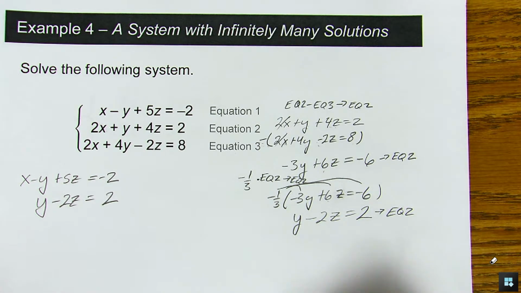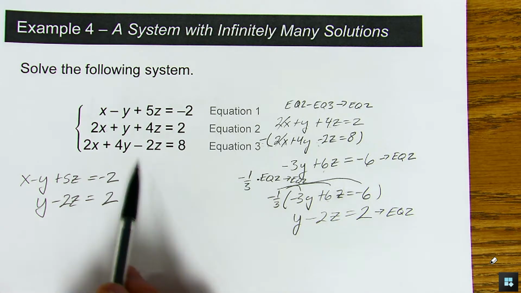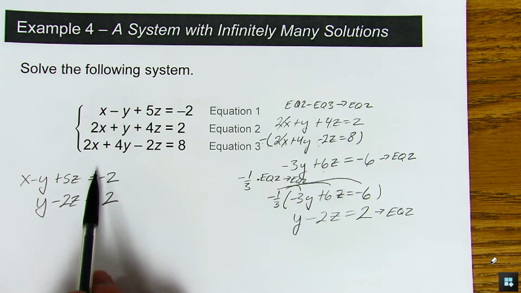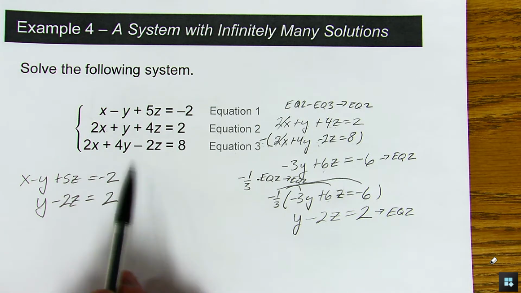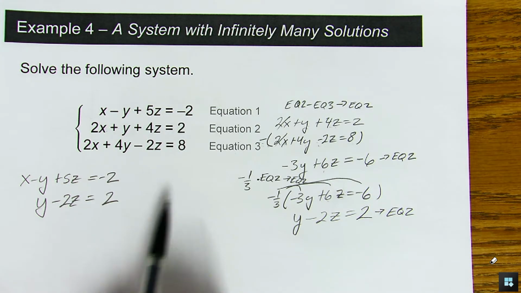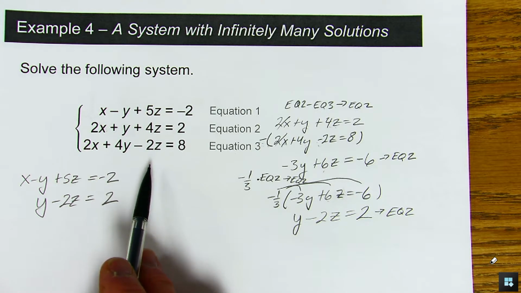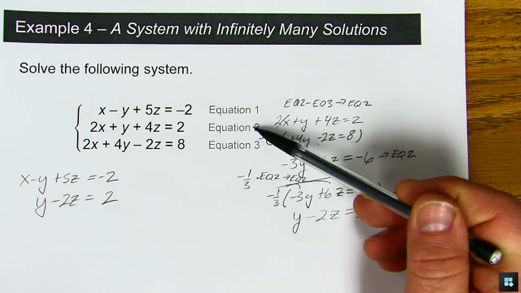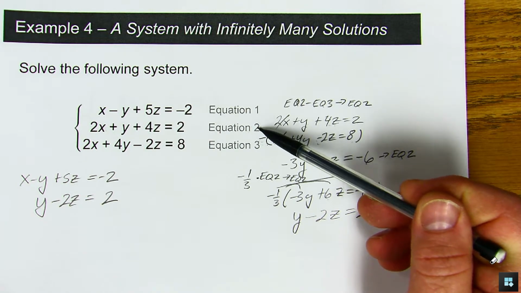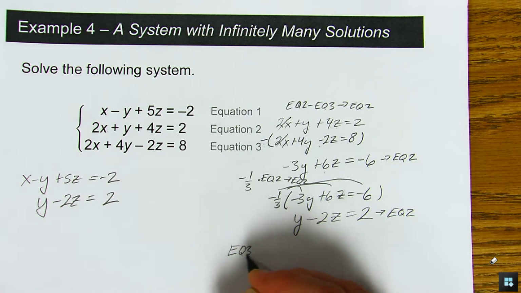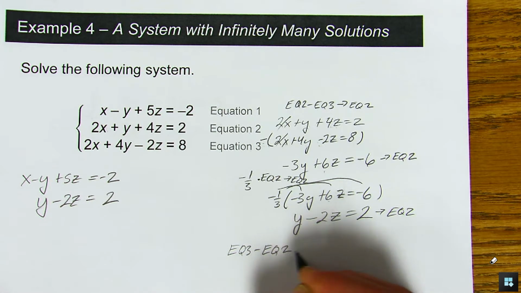Now for equation 3. We need to eliminate the x's, then we need to eliminate the y's. To eliminate the x's, we can take the original equation 2 and the original equation 3. So let's take equation 3 and subtract equation 2, and that's going to become our new equation 3.